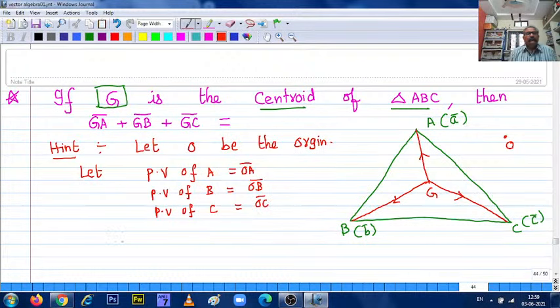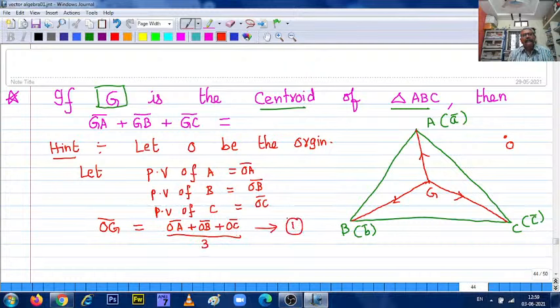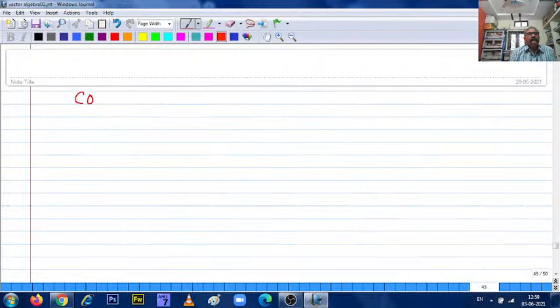Now find OG bar, that is the position vector of centroid, which we know is (OA bar plus OB bar plus OC bar) by 3. In the last session we have discussed it. Say equation 1. Now we need to find GA bar plus GB bar plus GC bar. So consider GA bar plus GB bar plus GC bar.